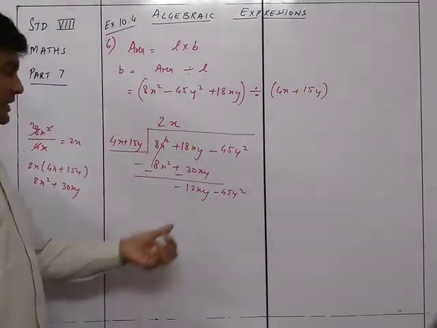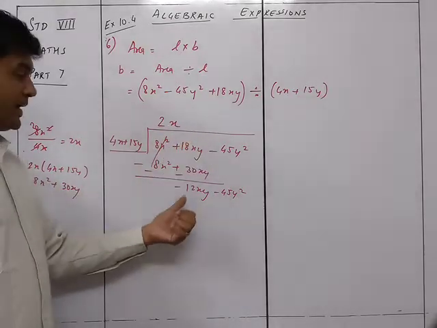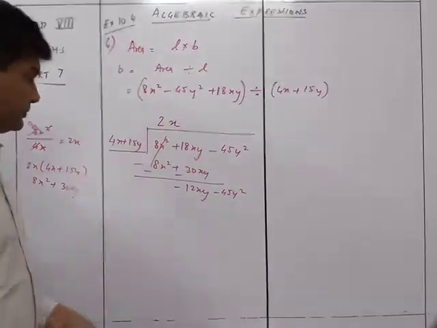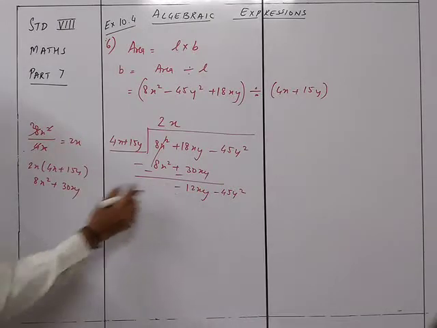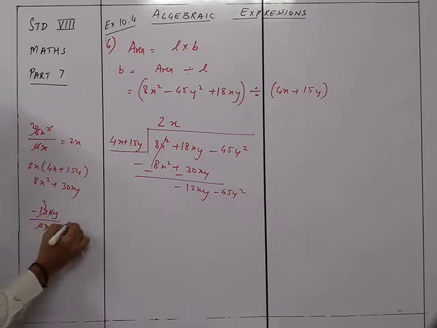I will tell you what was wrong. 22 is not divisible by 4, so you cannot have a fraction here. That's why I thought there was something wrong. So this is minus 12xy upon 4x. This comes 3, x is cancelled, equal to minus 3y.